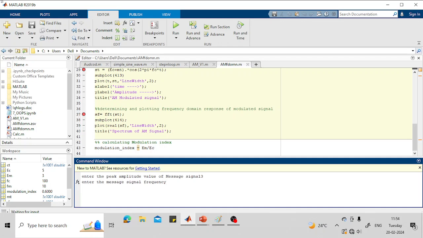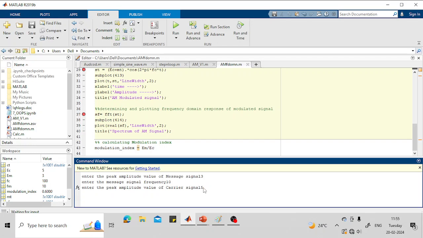I wish to go for 10. Next, enter the peak amplitude of carrier. I would like to take 5. Observe, if I take 3 as message amplitude and 5 as carrier amplitude, then it is a modulation index less than 1, because 3 by 5 is 0.6.